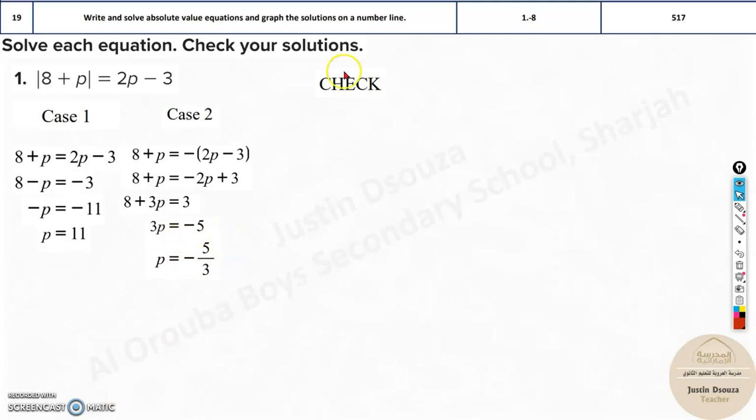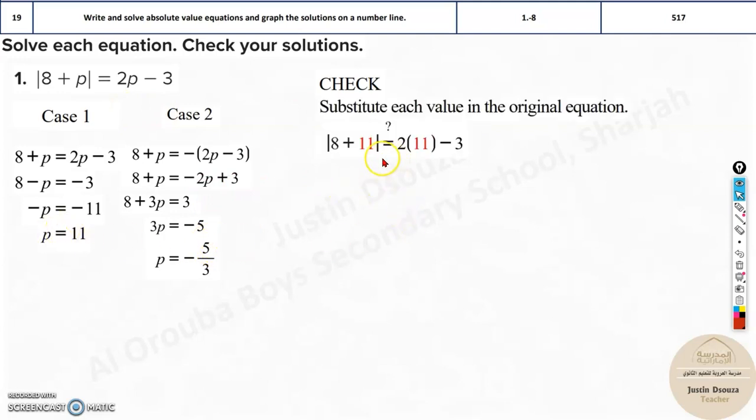Now what happens is, whenever you have absolute value functions, you cannot be 100% sure that it is correct. You need to do the checks. How do you do the checks? Whatever answers you obtained must be put into this equation. Put over here, 8 plus 11 is 27.